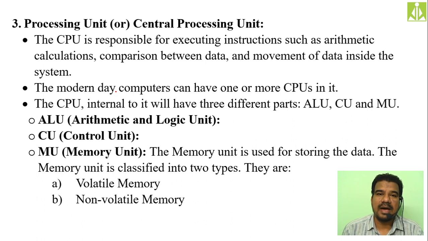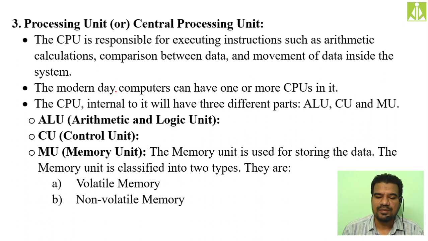Not only that, comparison of data. If you are comparing two numbers, or comparing two entities for equality, that also your CPU will do. Next is the movement of data. If you are copying some files from one location to another inside your computer, or from the computer to the pen drive, or from the pen drive to the computer, this movement of data is done by your central processing unit.